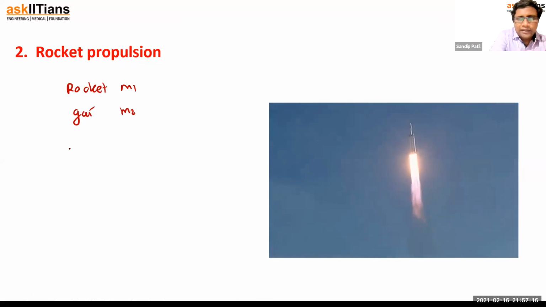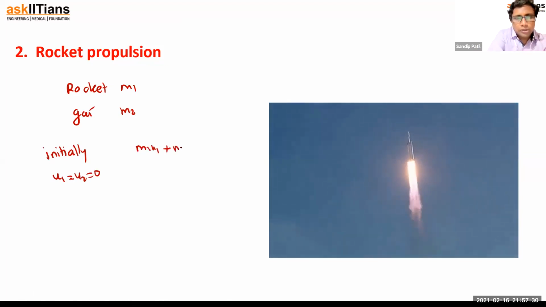Initially, just before the launching, both u1 and u2 are equal to 0 again. So if you use the formula, m1 u1 plus m2 u2 is equal to m1 v1 plus m2 v2, this side will become 0. We can say m1 v1 plus m2 v2.